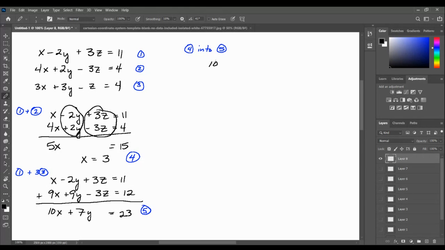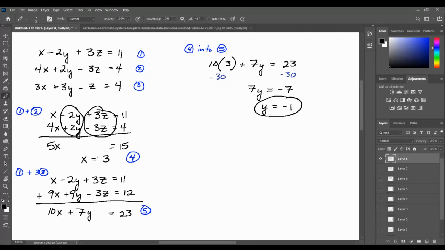So now into 5, I've got 10 times 3 plus 7y equals 23. I'll go ahead and subtract 30 from both sides. So I get 7y equals negative 7. Divide by 7 and y equals negative 1.